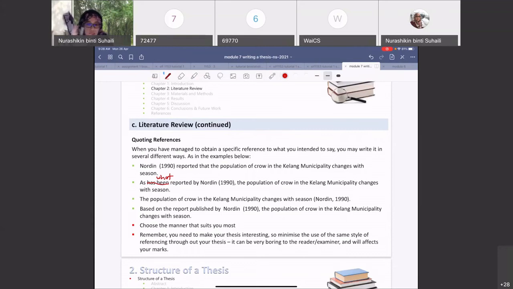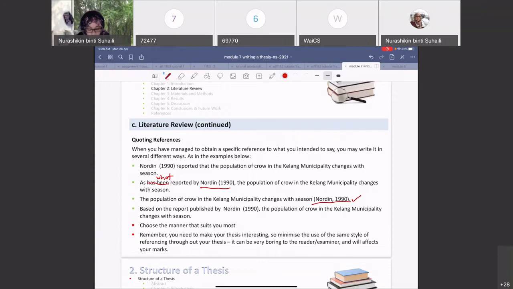So you change it a little bit, as reported by Nordin, or, as the third example, you mention all the points first, and then you put the citation at the end. This one is here, this one is here. And then the fourth style, based on the report published by Nordin. Okay, and this is single author.